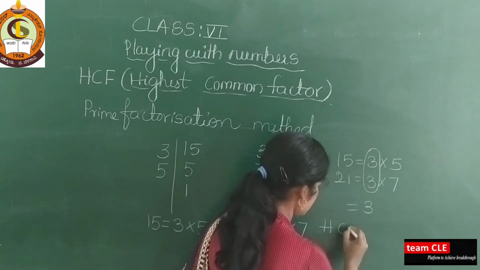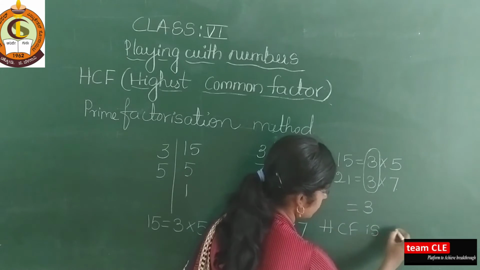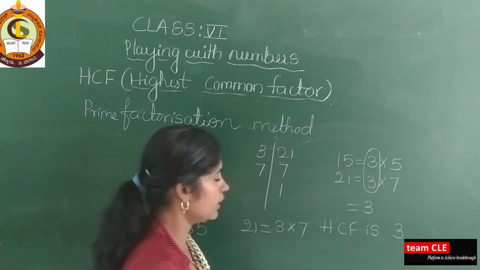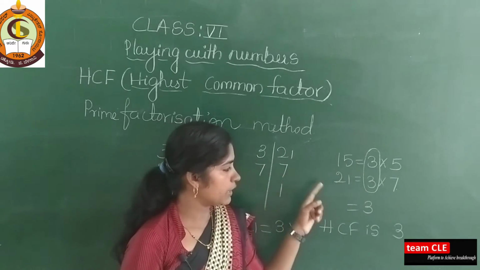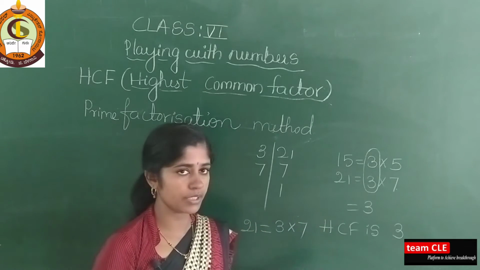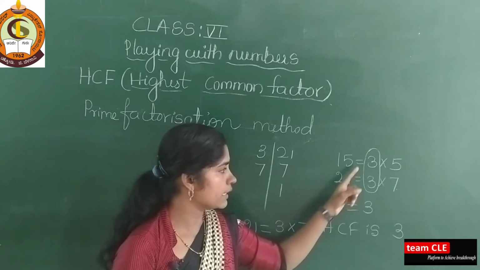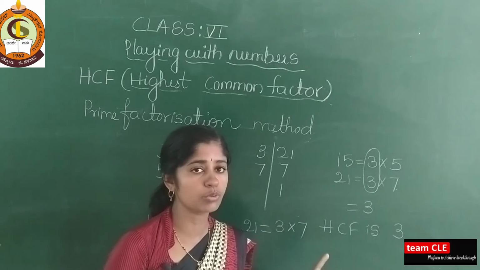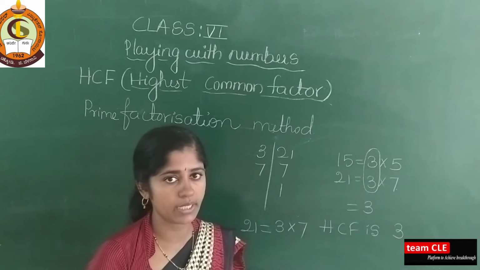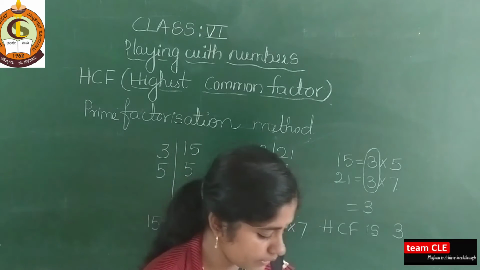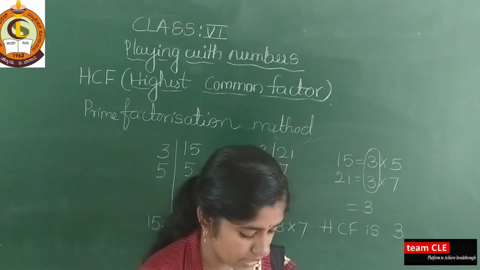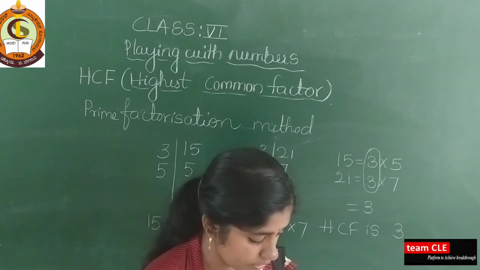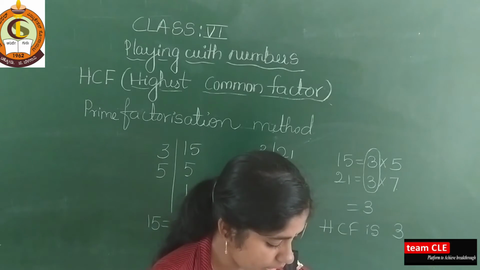HCF is 3. Therefore the HCF of 15 and 21 is 3. I hope you understood. Whichever digit is common, you have to take only one time.